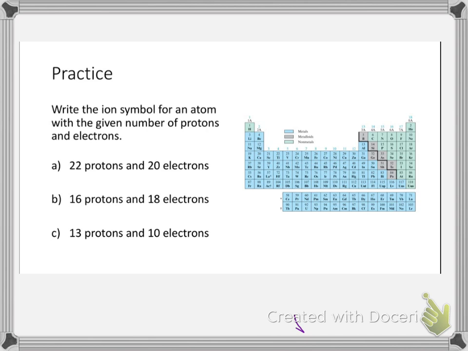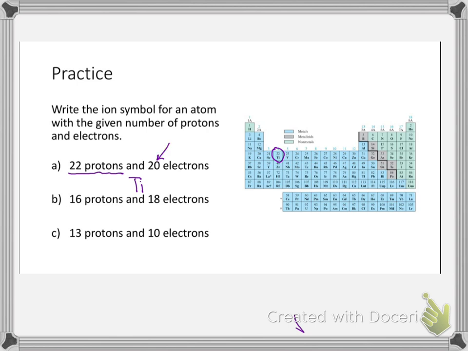So remember, the number of protons is equal to the atomic number, and the atomic number is on the periodic table, so that can help us identify the actual element. So 22 protons would be number 22 right here, and so that would be titanium, which is Ti. Now, an atom of titanium would have 22 protons and 22 electrons because they would be equal.